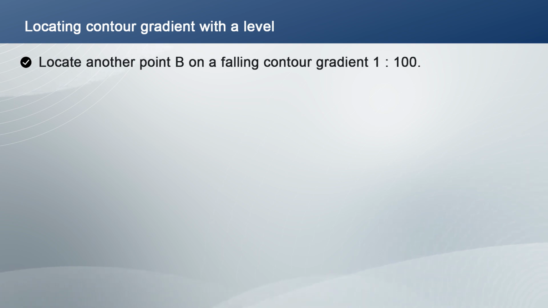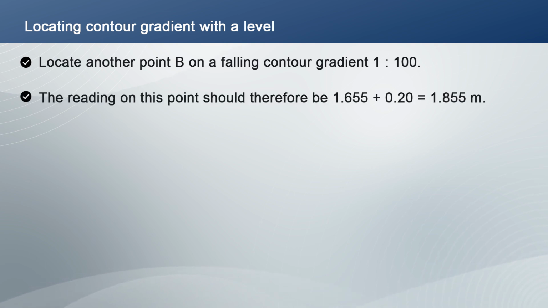Now, to locate another point B on a falling contour gradient 1:100, direct the staffman to walk along the proposed alignment so that it is 20 meter away from A. The reading on this point should therefore be 1.655 plus 0.2 equals 1.855 meter.